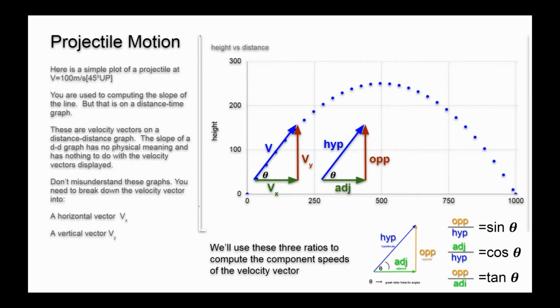You use them to break down the velocity vector into a horizontal vector called Vx and a vertical velocity vector called Vy. We can do this by placing a labeled triangle next to it if you need. You see Vx is the adjacent side, Vy is the opposite, and the bright blue velocity primary vector is the hypotenuse. And with these ratios, we can break down the velocity in blue into its separate x and y components that make it up.